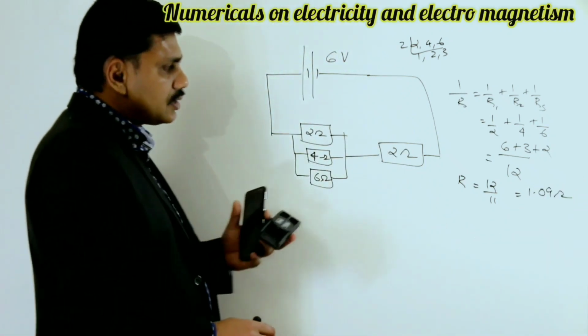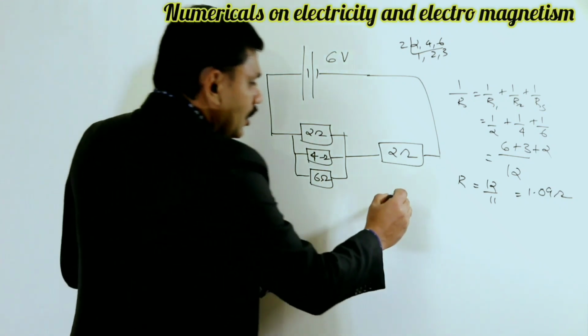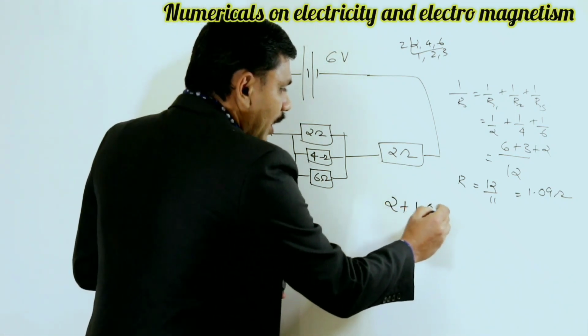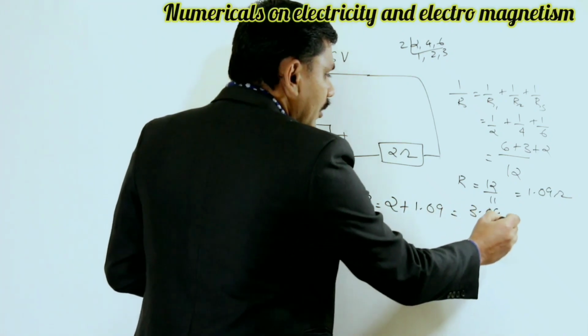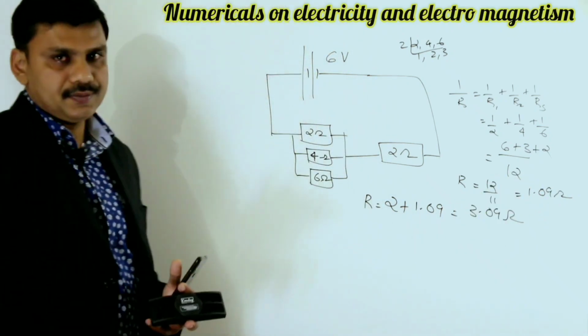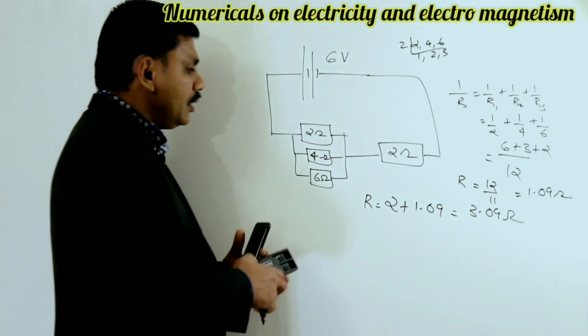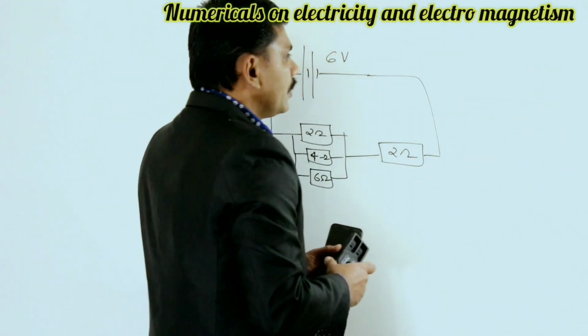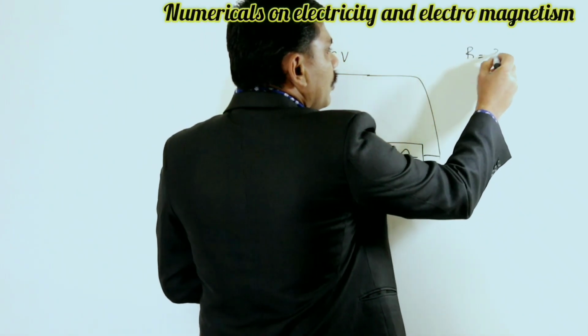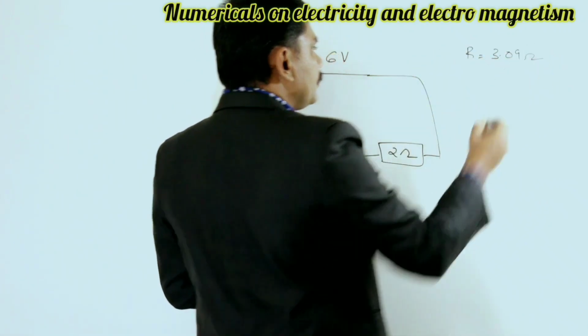Then the total resistance becomes 2 plus 1.09. That is equal to 3.09 ohm. So the total resistance in the circuit is R equal to 3.09 ohm.